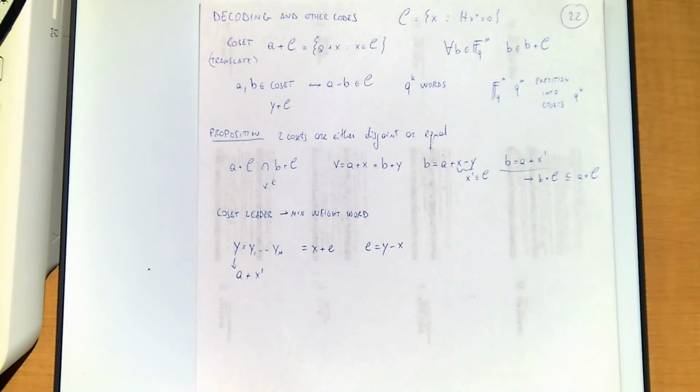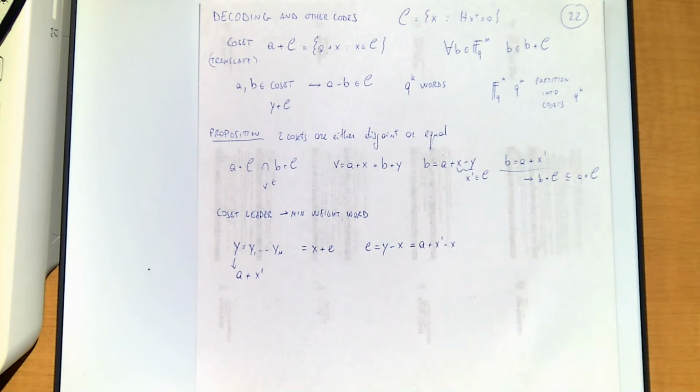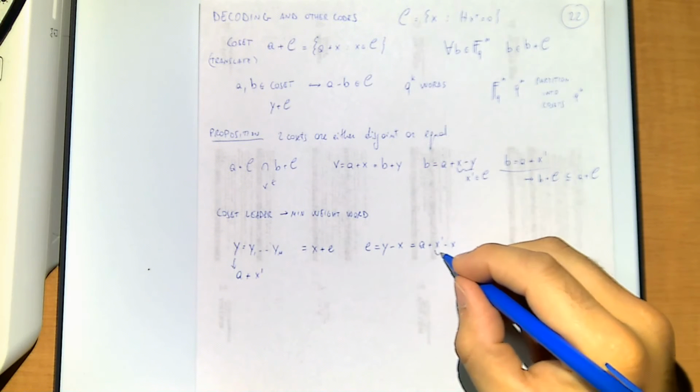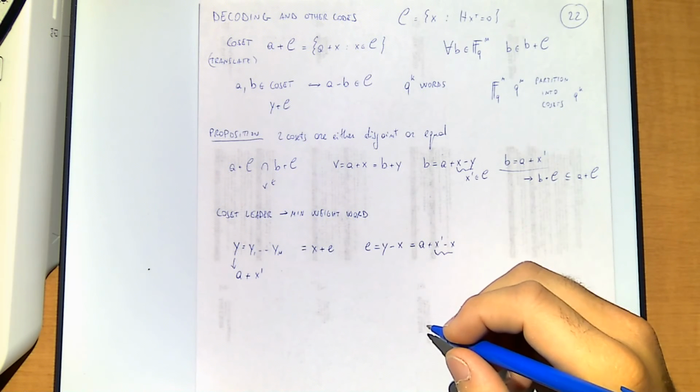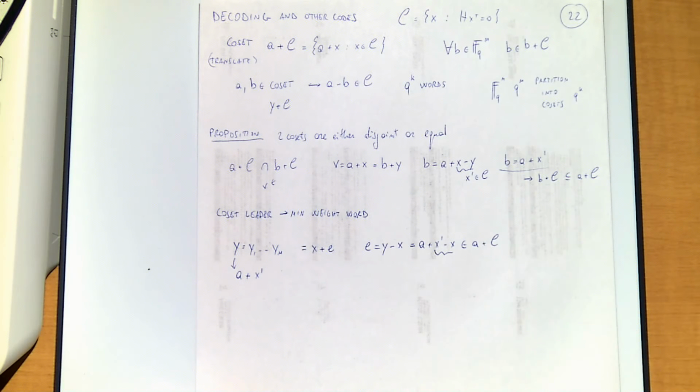So if I can find in which coset that goes, well then this is the same as a plus x prime minus x. And this is, again, a code word. And therefore, this means that this belongs in the coset a plus c. And so look at this, it means that the error is in the same coset.